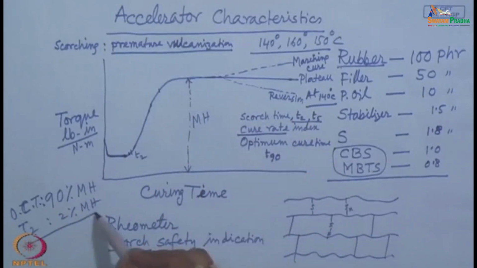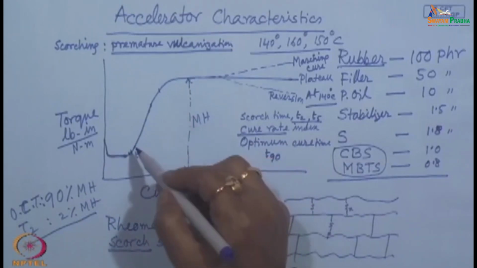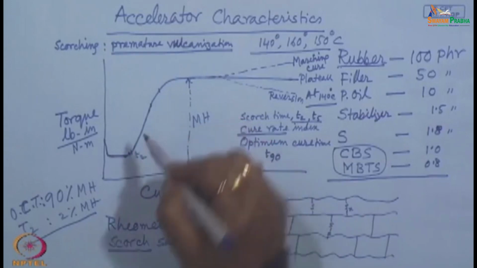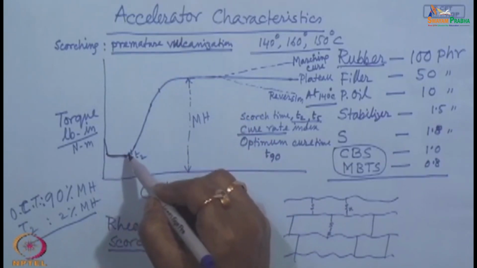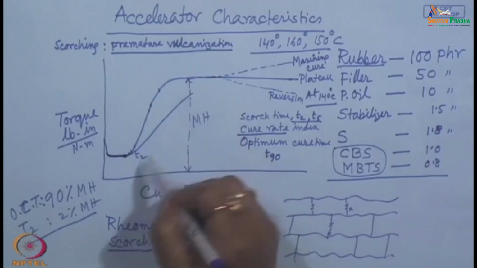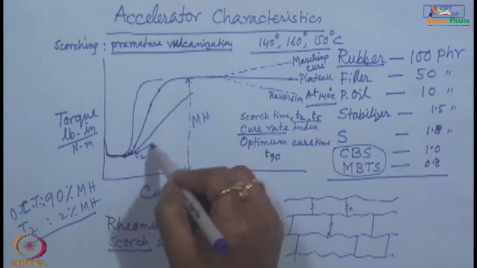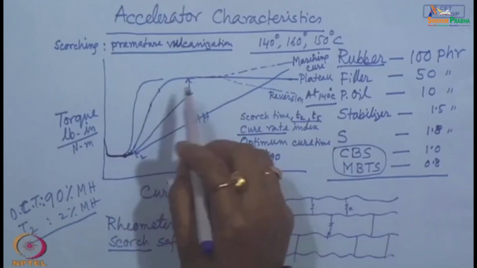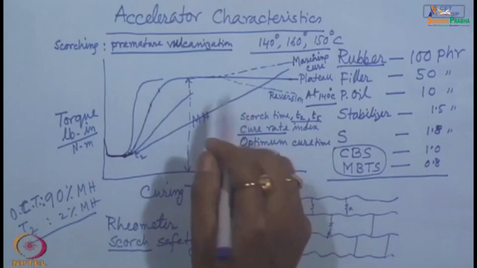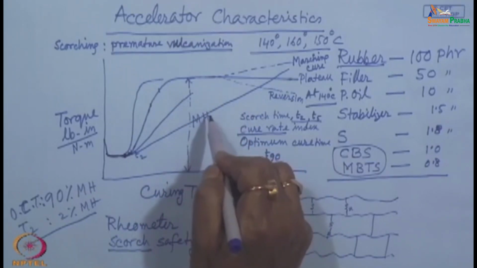Okay. So, this is one of the accelerator characteristics, and the curve can rise this way, or this way, or this way. So, these are known as the characteristics of how this rubber compound starts curing or continues curing, that is the characteristic of the accelerator.